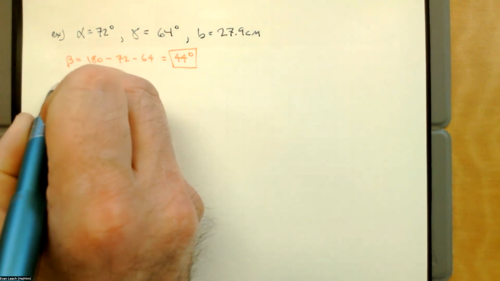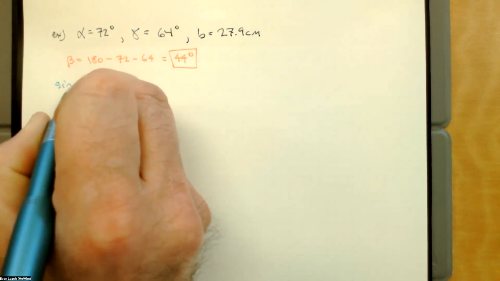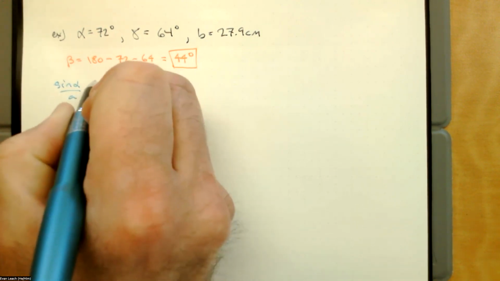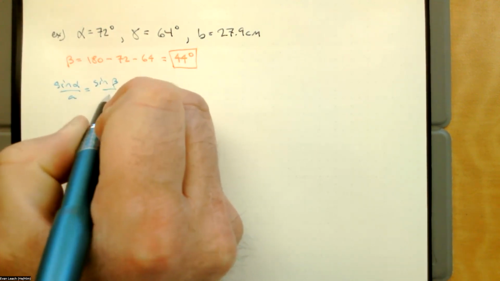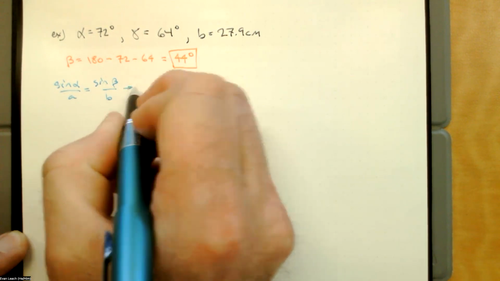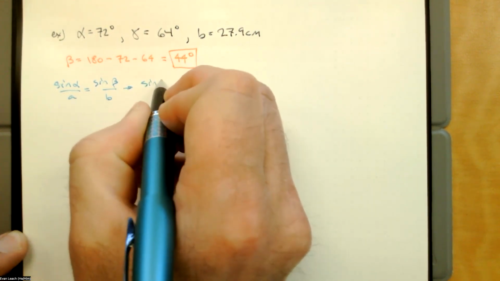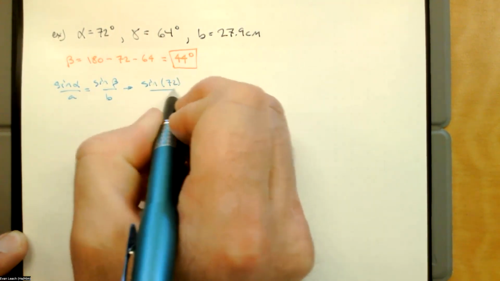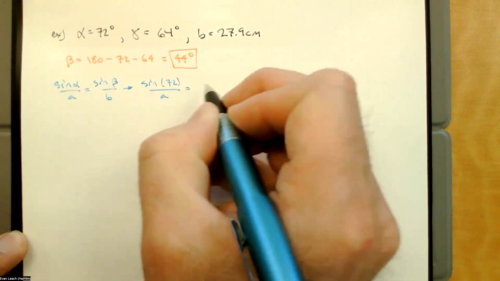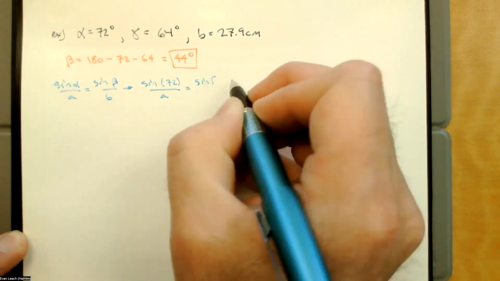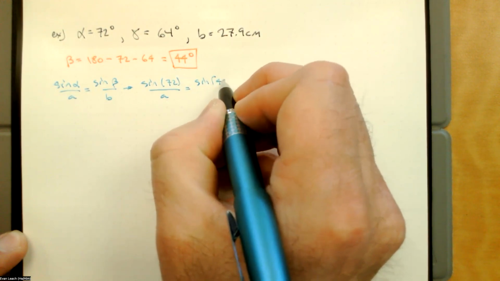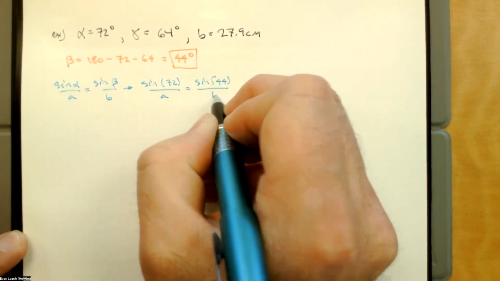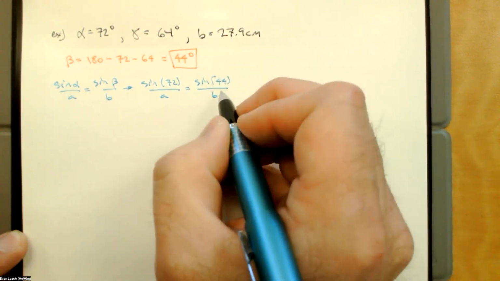So I'm going to take the sine of alpha over A is equal to the sine of beta over B. So sine of 72 over A is the sine of 44 divided by B. Oh, B is 27.9.